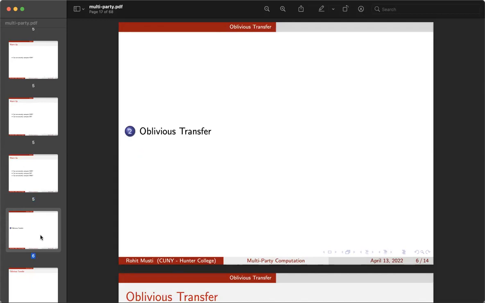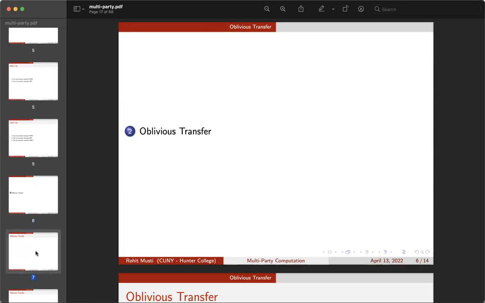So how do we construct these multi-party computations? Well, the building block for it is called oblivious transfer. In the same way we used trapdoor functions to construct digital signatures, we can use oblivious transfer to construct multi-party computation.